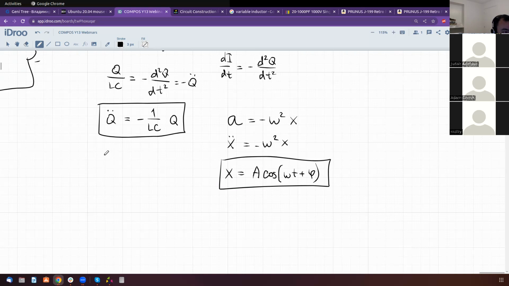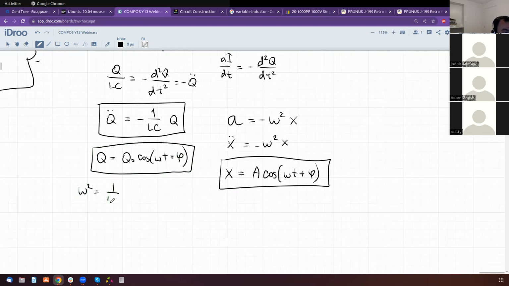The solution to this equation is q equals q naught multiplied by cos(omega t plus phi). You can also see that omega squared is 1 over LC, so omega is 1 over the square root of LC.